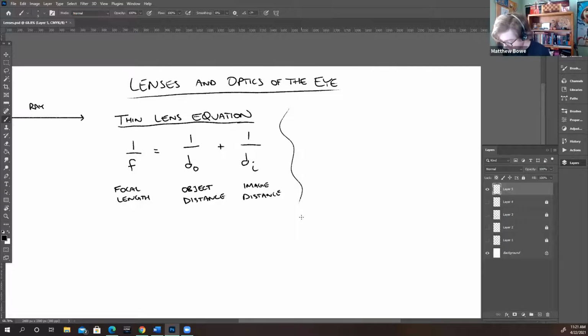Another thing we'll need for today is magnification. As light goes through a lens, maybe the image is bigger on the other side than the object actually is. So magnification is found by using this. You might see it as a capital M or lowercase m, it doesn't quite matter.